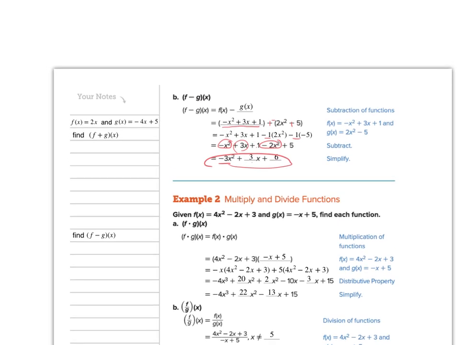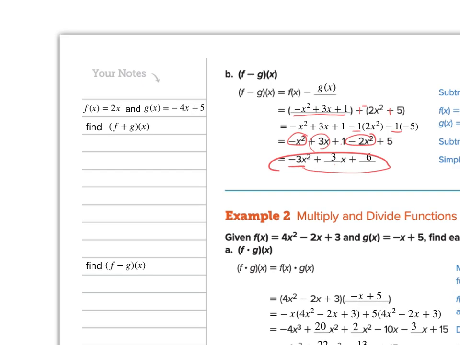And let's see here to do another example. This comes from our assignment today. We have f of x is 2x, and then g of x is negative 4x plus 5. So it asks us to add those together. So again, it's going to be f of x plus g of x.